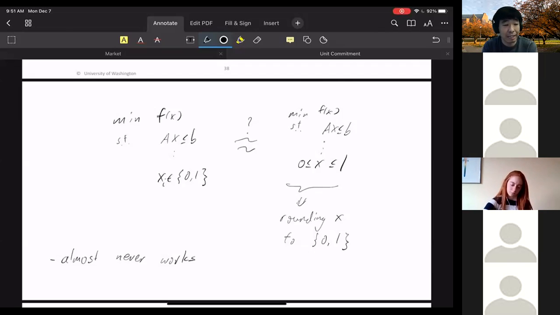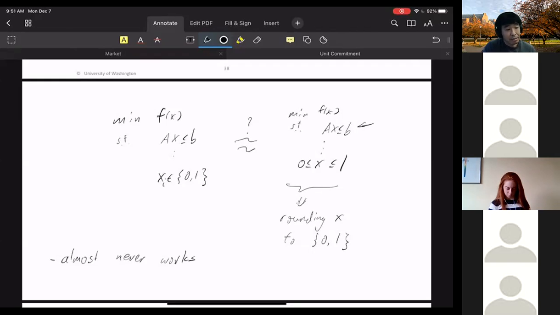Many people spend entire careers studying when these exceptions occur. But in practice, rounding almost never works. The reason is these constraints: once you round, you almost never satisfy any of the constraints.